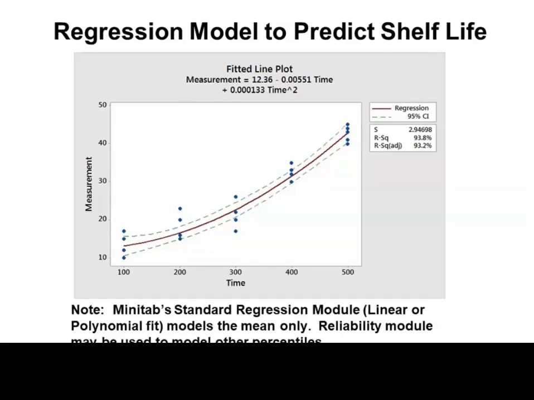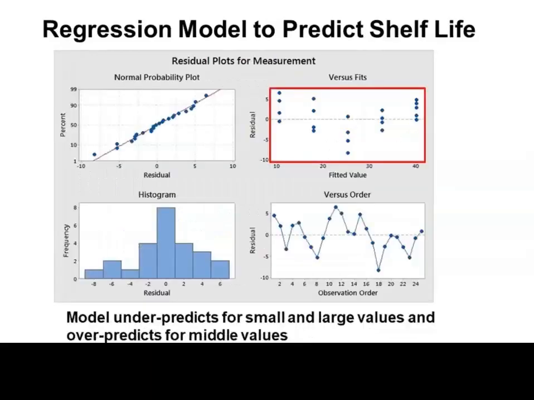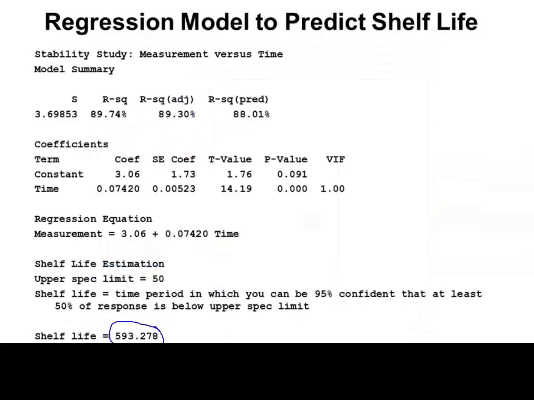But in any event, the quadratic model seems to work pretty well here. In fact, if you compare these R-square values, which are statistics that describe the amount of variation in the measurement that's explained by the model, here we're at almost 94%. On the linear model, it was down around less than 90%.